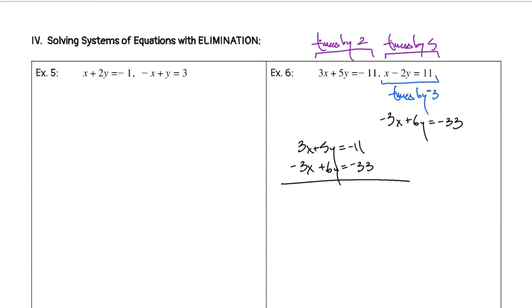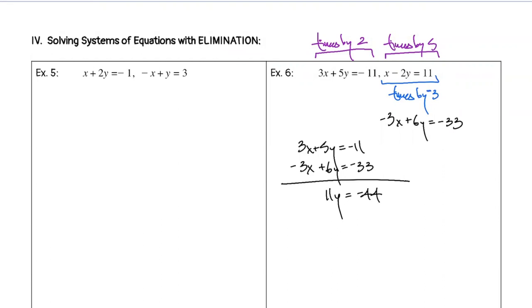This is where I said I'm better at adding than I am at subtracting. If I had to subtract, what if I forget to distribute a sign? That could lead to some mistakes, but the way I've created the second equation, all I need to do is add the two equations. So I don't need to worry about distribution. So 3x minus 3x gives me 0. 5y plus 6y gives me 11y. And I get -44 on this side.